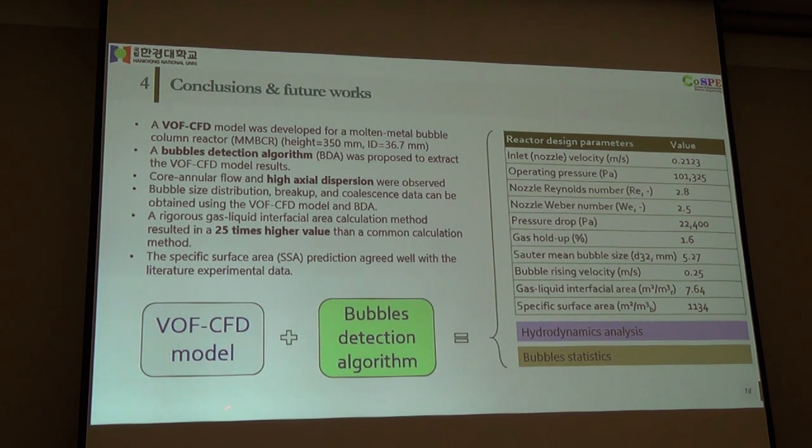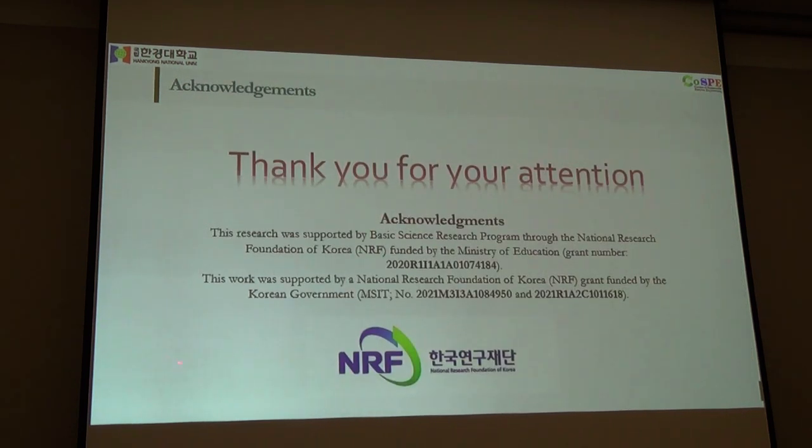By using the both CFD model and the bubble detection algorithm, we can predict almost all the key process design or reactor design parameters, such as the gas holdup, Sauter mean diameter, bubble rising velocity, gas liquid interfacial area, and so on. And this work was supported by NIF.